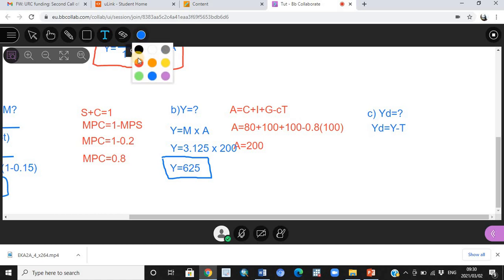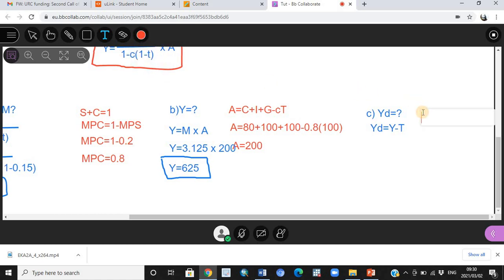I'm just going to change the color and say T is going to be equal to T plus Ty.